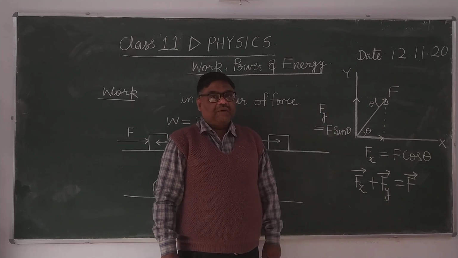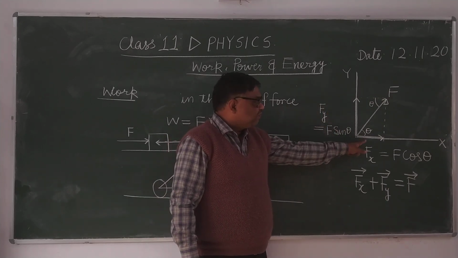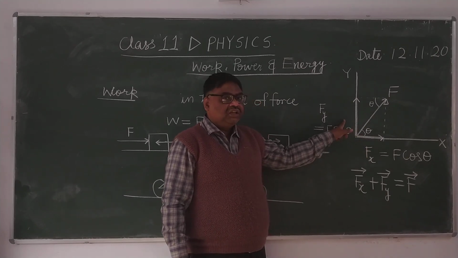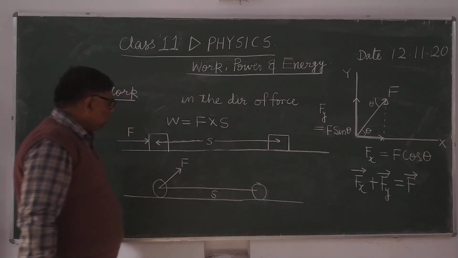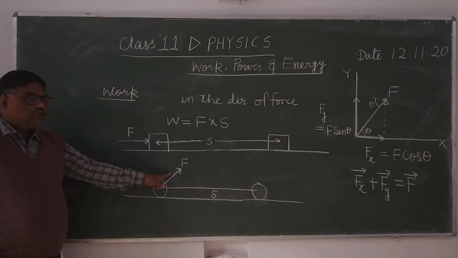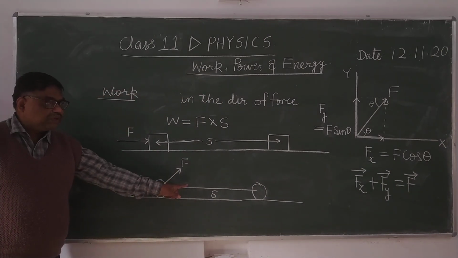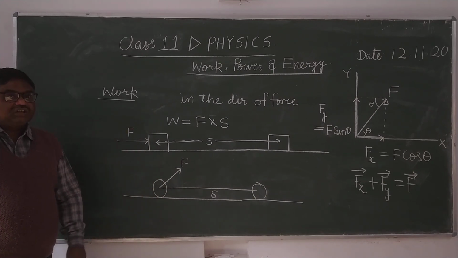Completely means the combined effect of these two vectors will be equal to this. In the same way we have resolved force F along the displacement and perpendicular to the displacement.